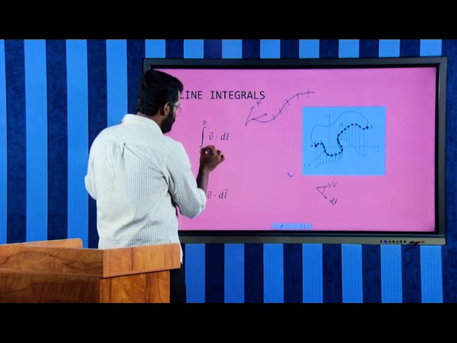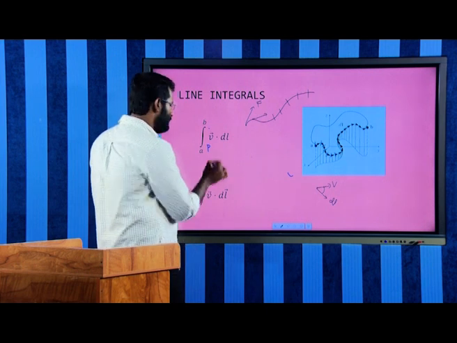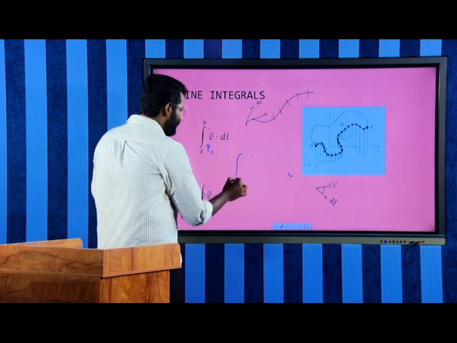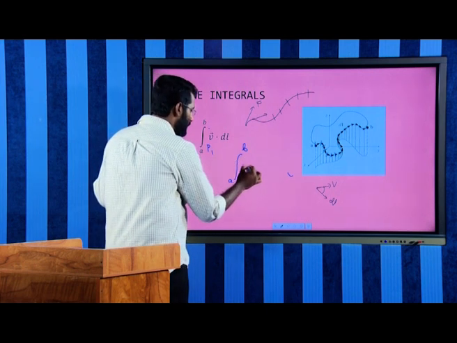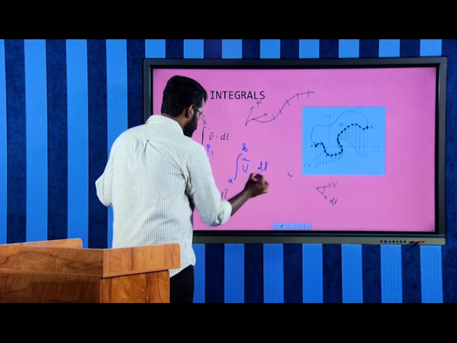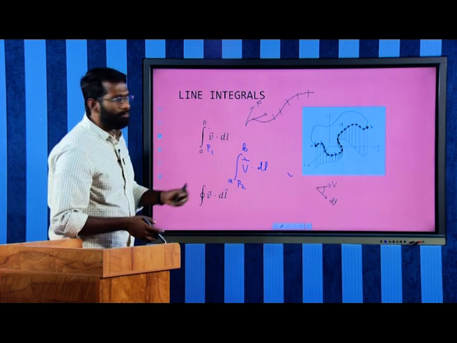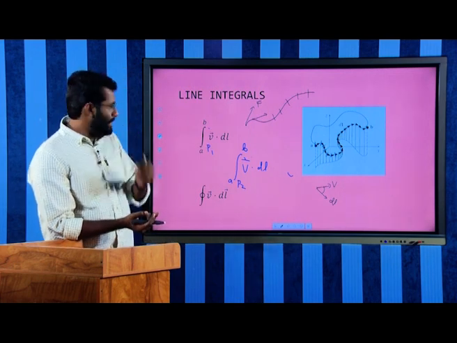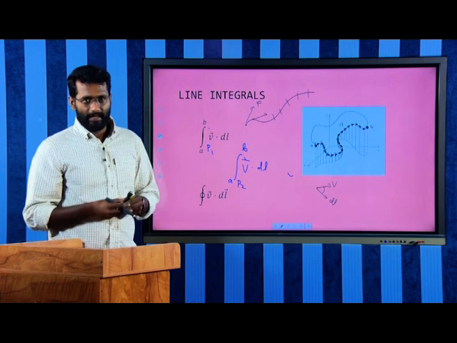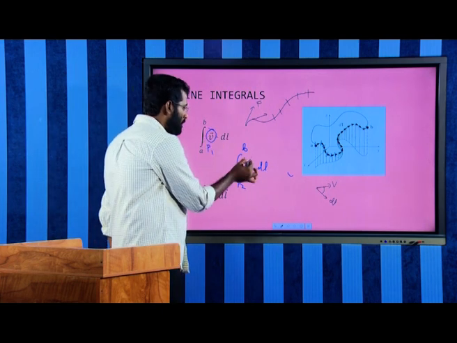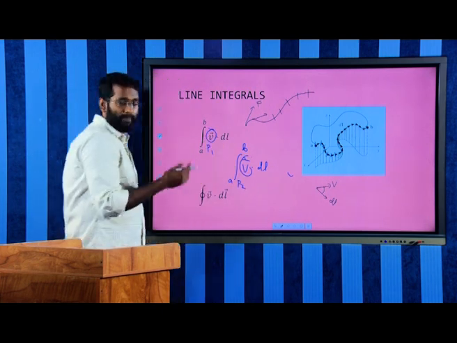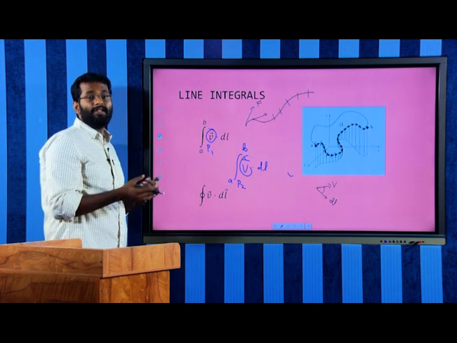Now, the integral from a to b of v dot dl can be done through different paths. Let it be through path 1, and I can do a to b through another path, p2, p3, etc. They need not be the same, but there are specific types of vector fields, for which whatever the path chosen, the value will be the same.